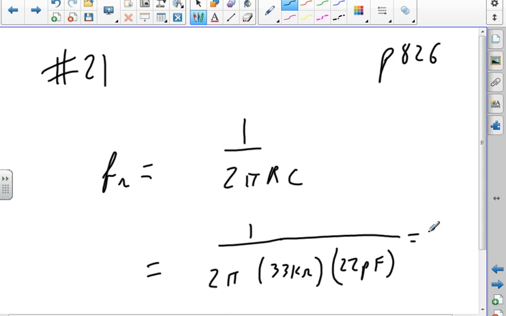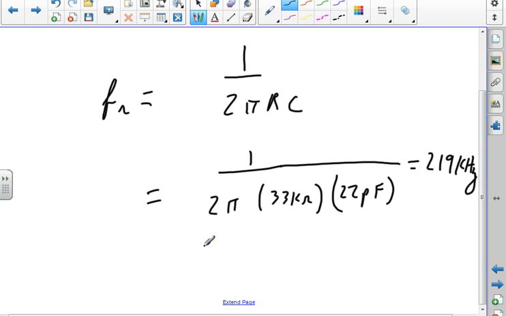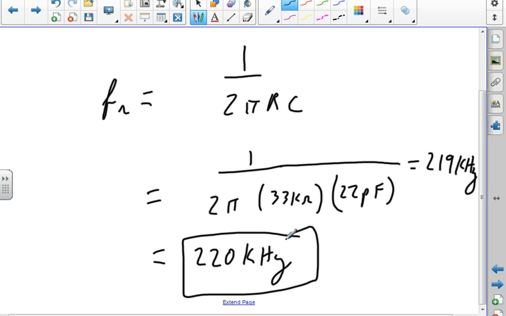We'll call it 220k. We only have two significant digits. Okay, we'll call it 220k kilohertz as our final answer. Is that all there is? All right, 25.